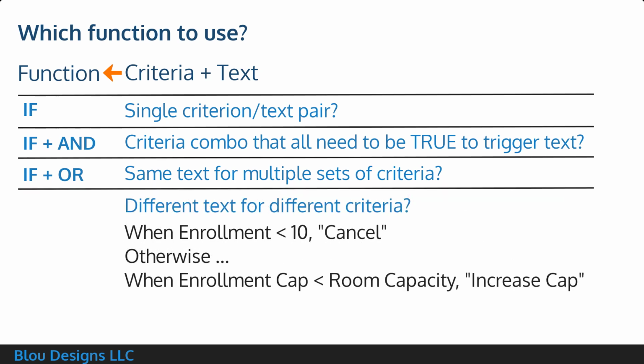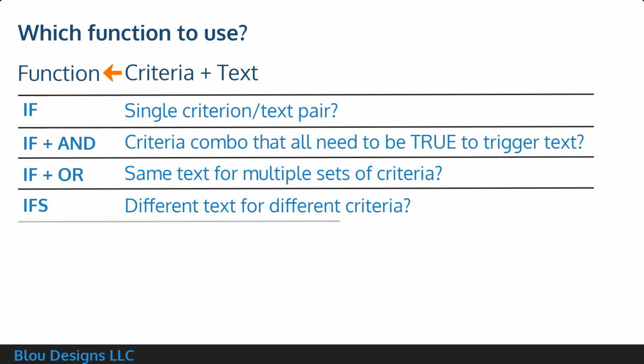If you're checking against a list of possibilities where the conditional text is different based on which criterion you match against, use an ifs function, that is, plural if with an s. Now, there is a case in which ifs might seem the appropriate choice, but you really need switch.